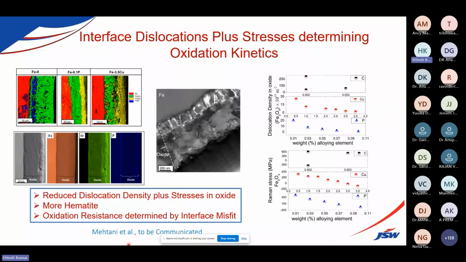You can see that near the metal-oxide interface there is a layer of phosphorus. In the copper case, we got the same kind of layer of copper. The percentage of phosphorus is quite high in that particular fine layer, which improves the oxidation resistance. It is more compact and adherent to the metal surface, which improves the oxidation resistance.